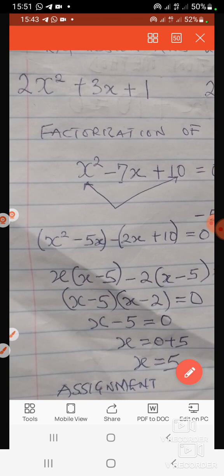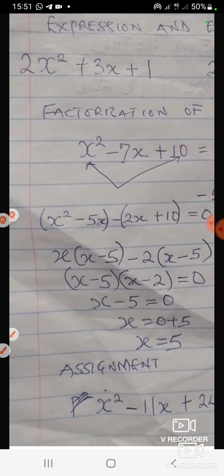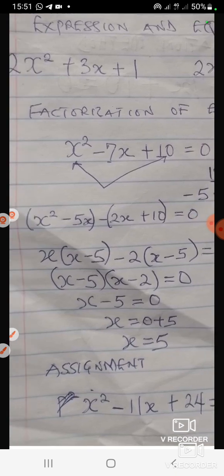You can see now what you have in the middle, minus 5 minus 2, is the same thing as minus 7. So we are not changing anything at all. So we are just replacing our 3 terms with 4 terms: x squared, 5x, 2x and 10 instead of x squared, 7x and 10.